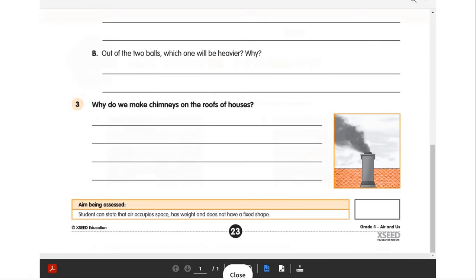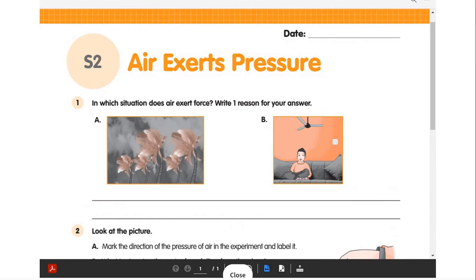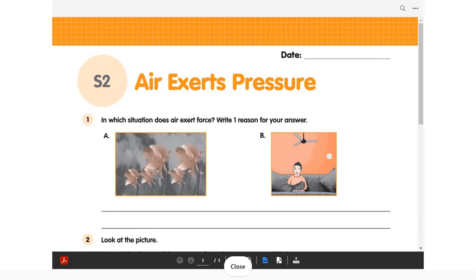Okay. Next, S2. Air exerts pressure. First question. There are two pictures, picture A and B. In which situation does air exert force? Write one reason for your answer. How do you think?